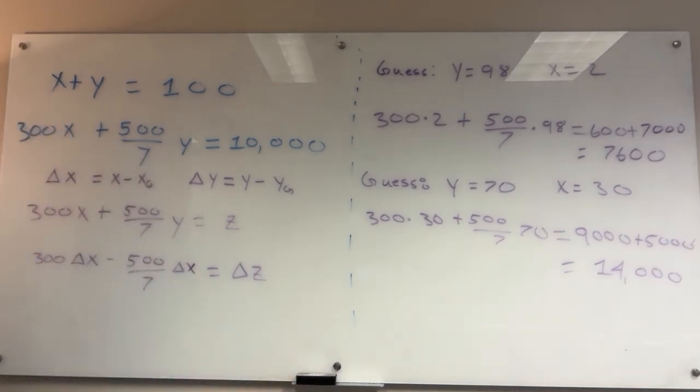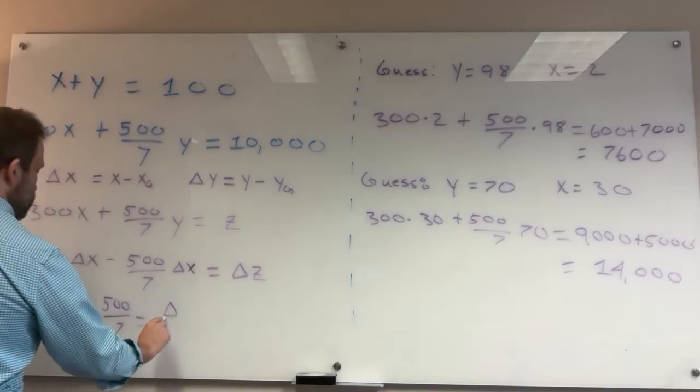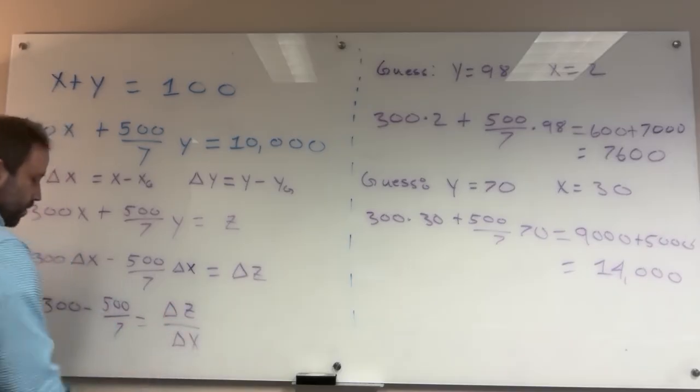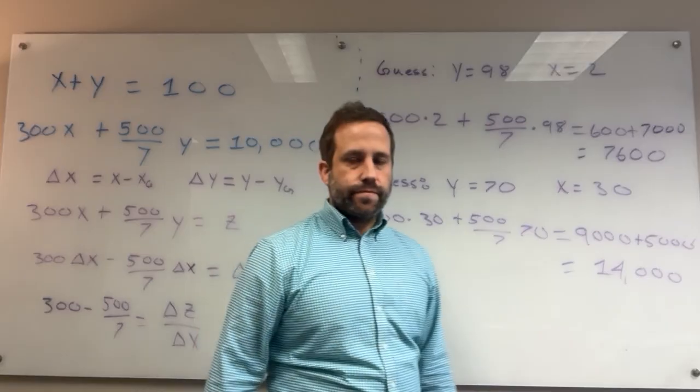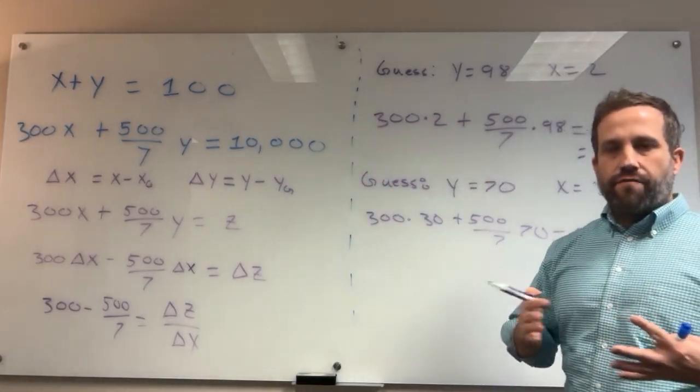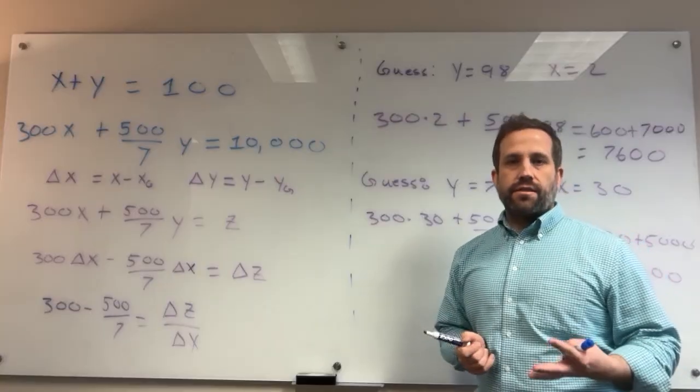If we divide both sides by delta x, this tells us 300 minus 500 over 7 is equal to delta z over delta x. So the ratio of the deltas is going to be constant.